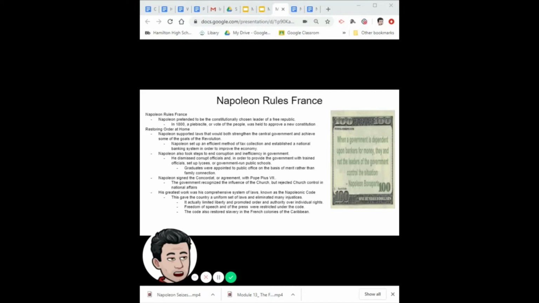A national banking system is where the federal government is in control of the bank, instead of local governments. This has already been set up in places like the Netherlands and England in this period of time. So instead of having to go to local banks for money, the federal government now has much more control over the economy.